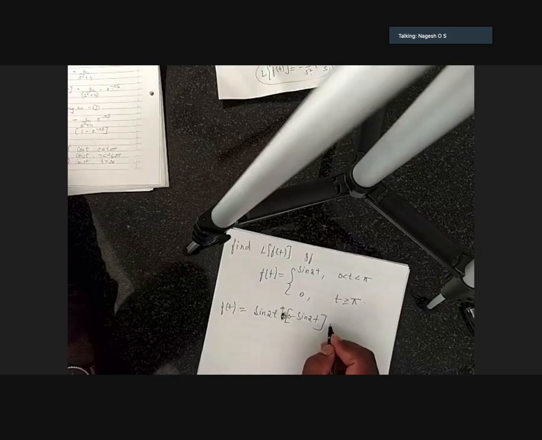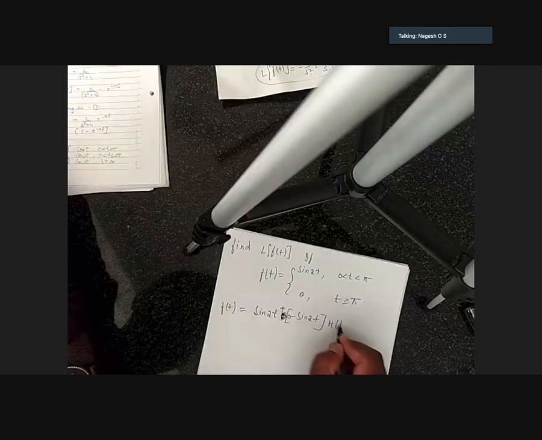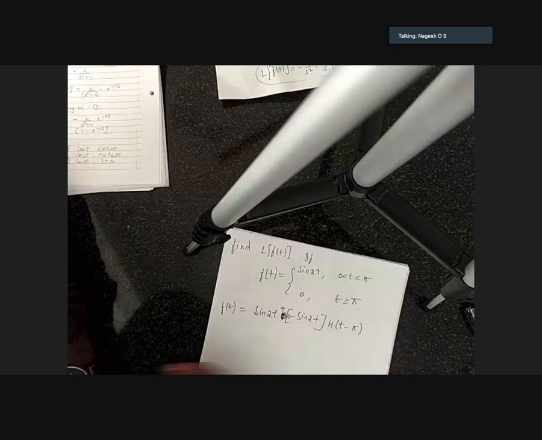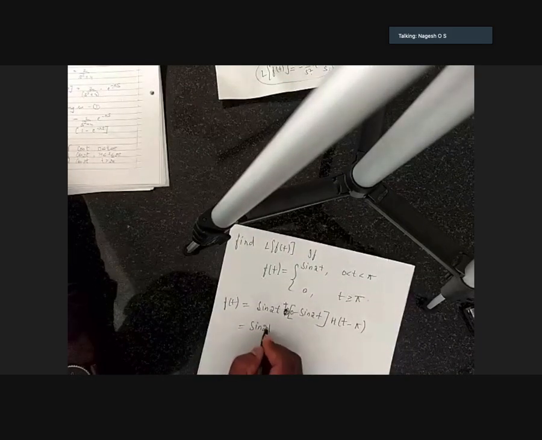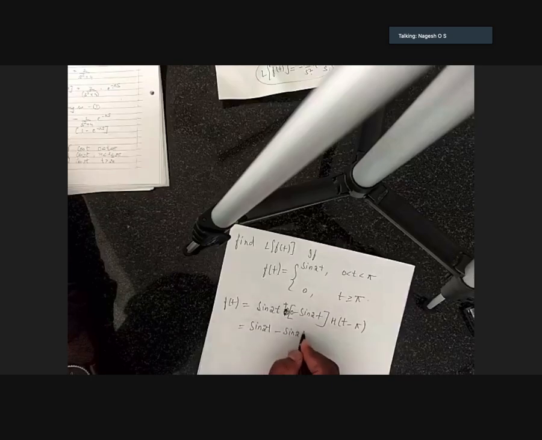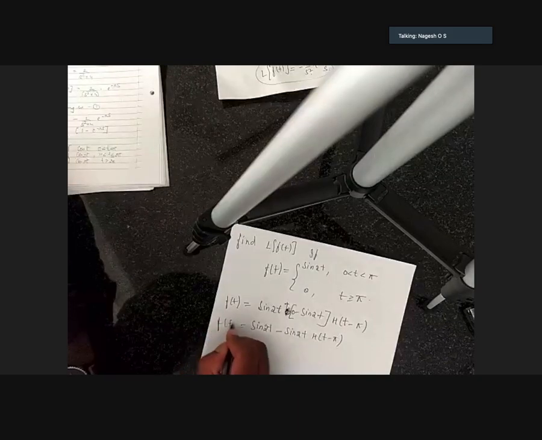So if you have confusion, I will write that also. 0 plus sin 0 minus sin 2t h of t minus pi. That is nothing but sin 2t minus sin 2t h of t minus pi. This is f of t.